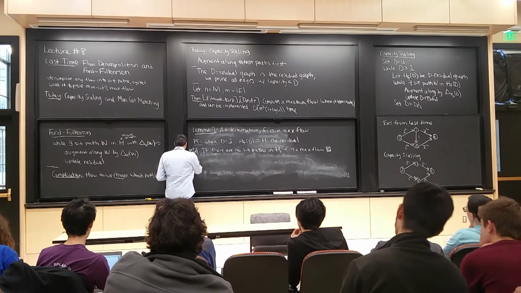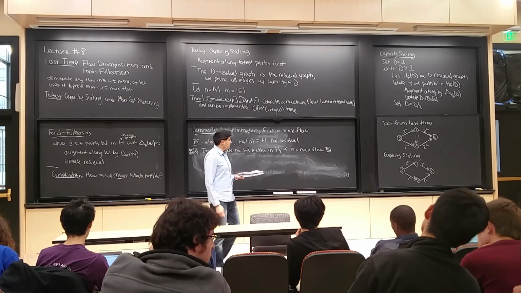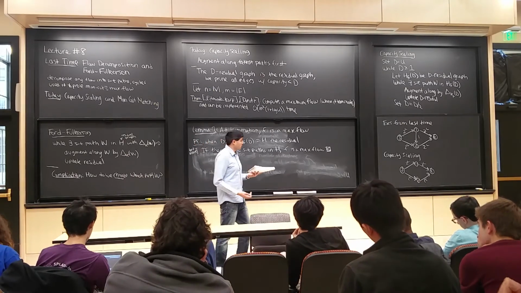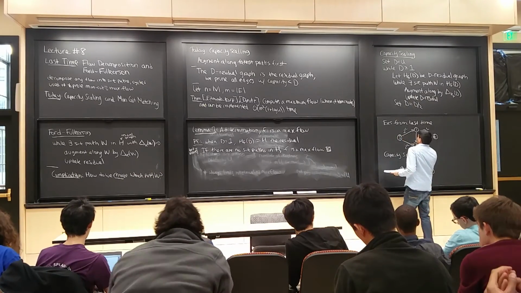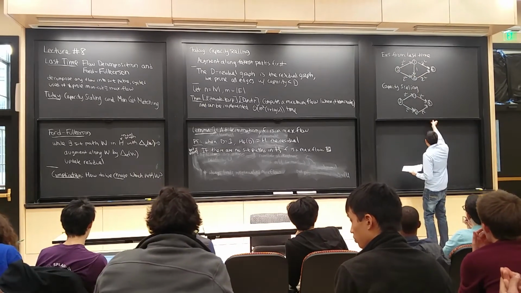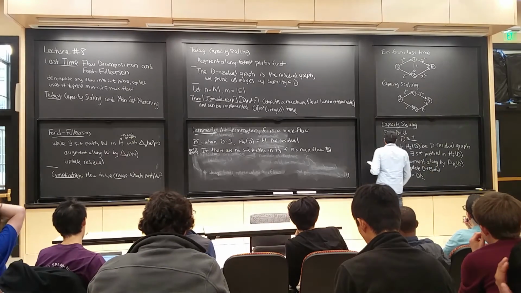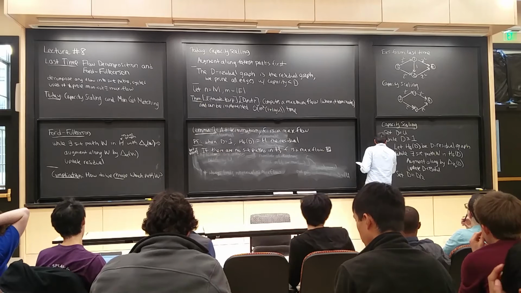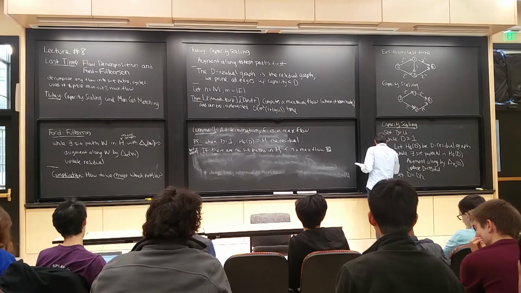So there's only one more lemma. This is correctness, and what remains is to prove a bound on the number of iterations. Let me start off by introducing some definitions for this algorithm. We will call this loop number 1.